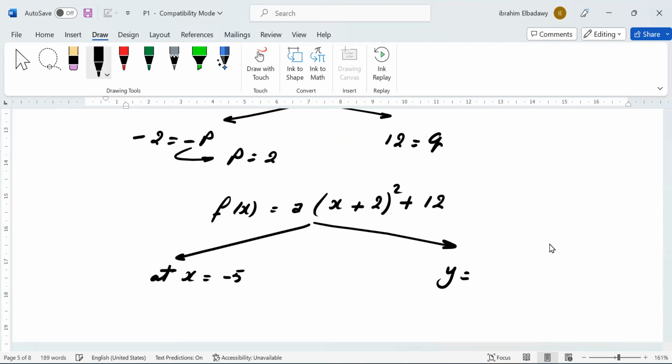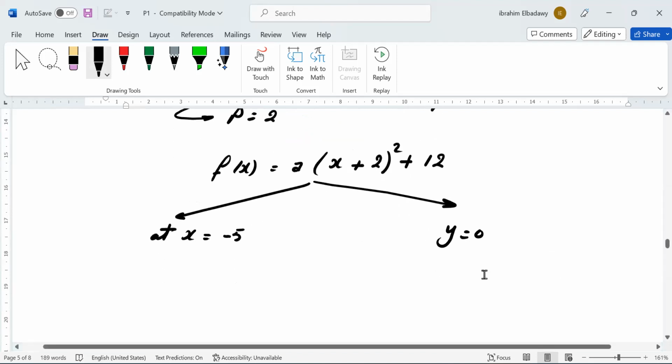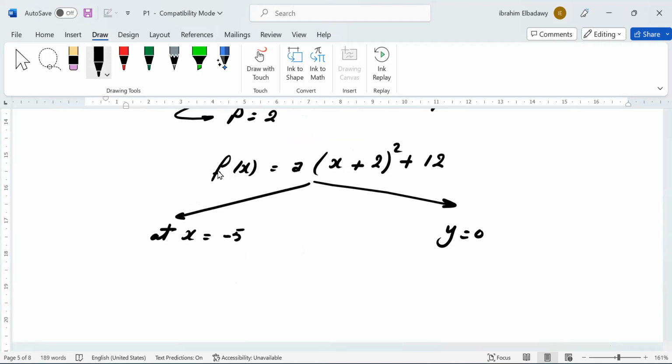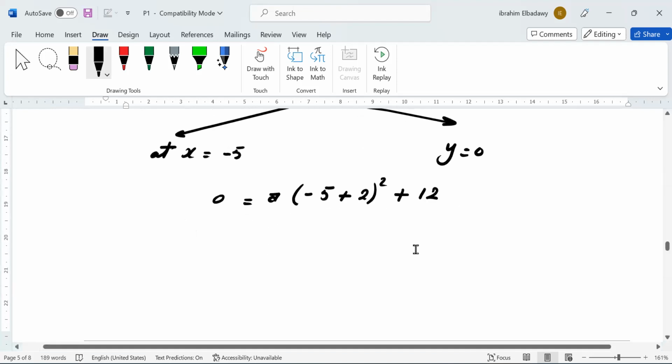The value of y equal to 0 because it's an x-intercept. You can put y equal to 0 here: a times (-5 plus 2) all squared plus 12. In this case, the only unknown is a.